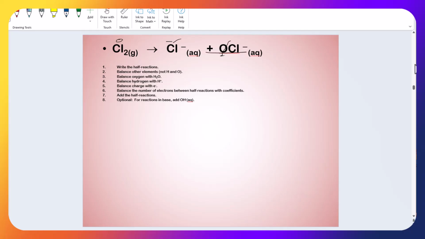This is hypochlorite ion. Oxygen gets its charge at -2. Remember, the charges have to add up to -1. So this is chlorine with a +1 charge.